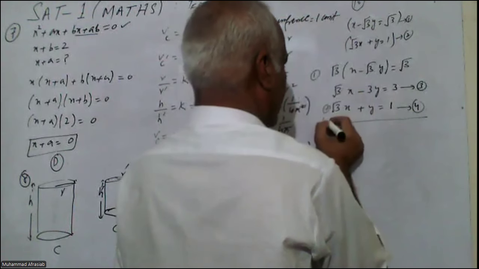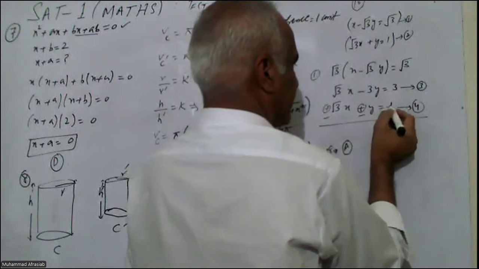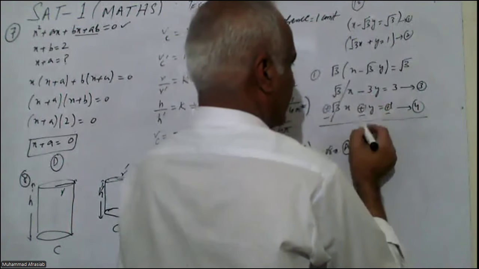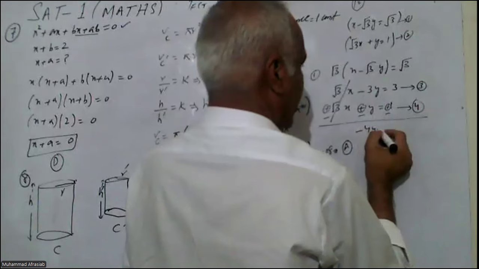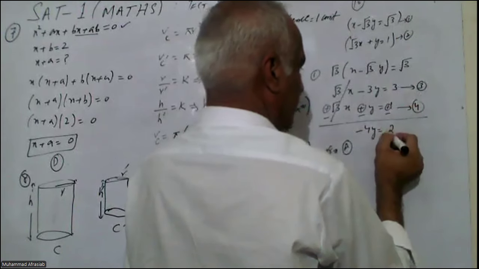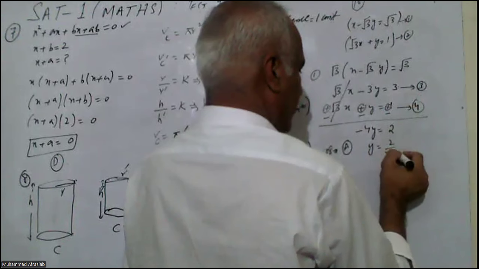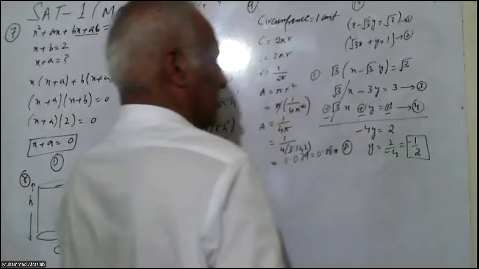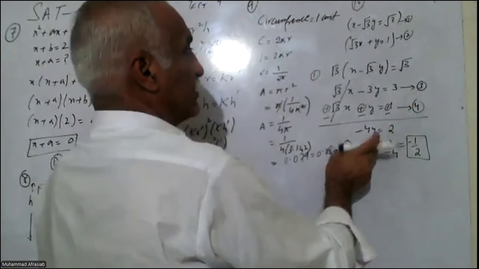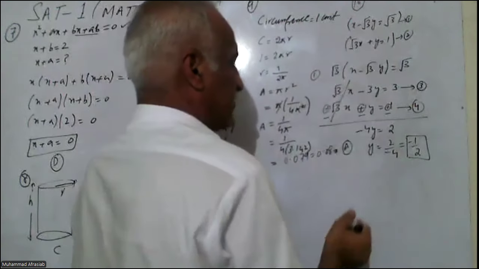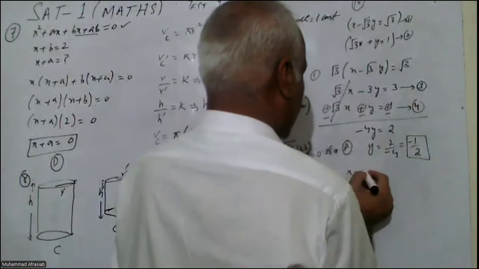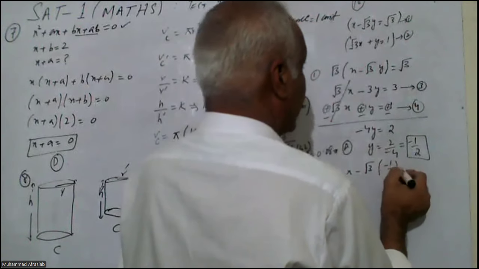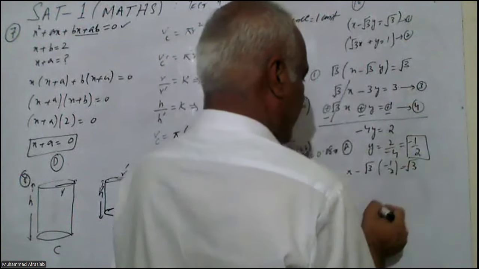This plus will become minus, this plus will become minus, and this plus will become minus. So they are going to cancel out. This will become minus 4y is equal to 2, or y is equal to 2 over minus 4, which is equal to minus 1 over 2. Now we put the value of y into either equation 1 or 2. So x minus square root of 3 into y value, minus half, is equal to square root of 3.